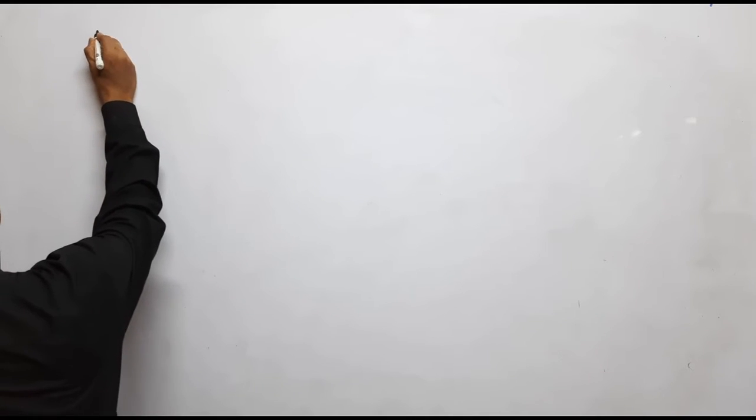Hello. In this video, I would like to do some problems on trigonometry, trigonometric ratios and their identities, and so on. I begin with a problem which is very simple.